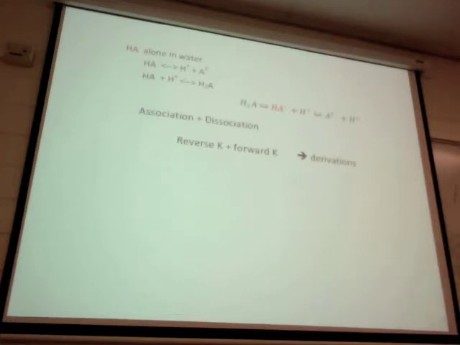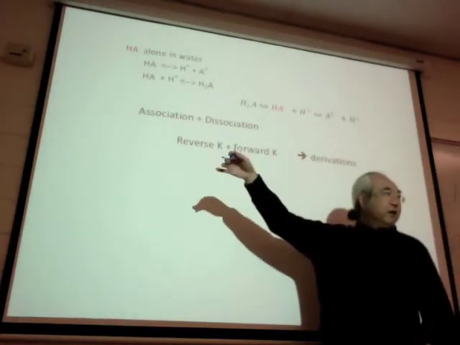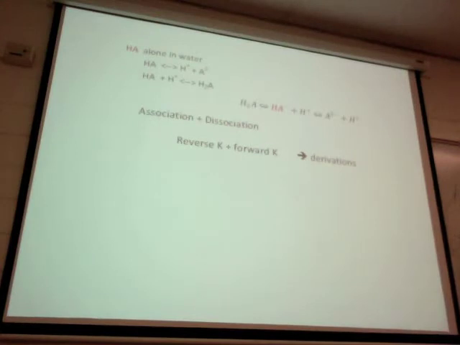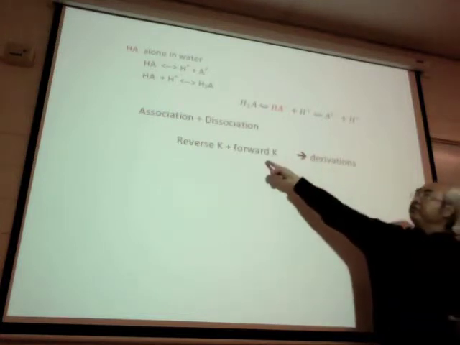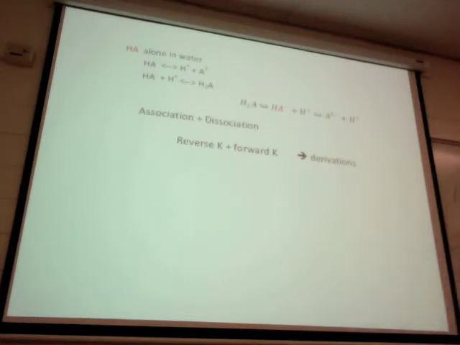So for association, we will need to consider a reverse case. So there's a reverse, right? So the reverse case. Then for dissociation, you need to go the forward case. So now consider both, and there will be a derivation. Okay?